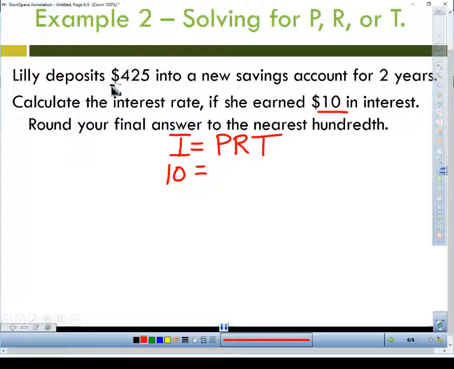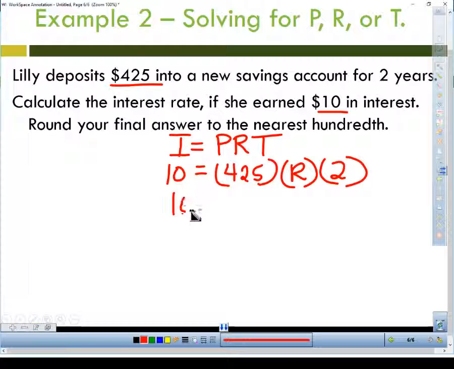The principal is what she deposited, so 425. We don't know the rate, so I'm going to put an R there. And we know 2 years. So I'm going to multiply the 425 and the 2, which gives me 850, and put the R with that.